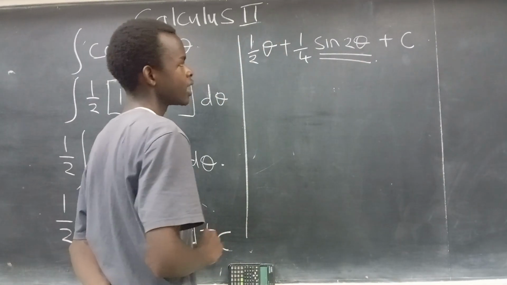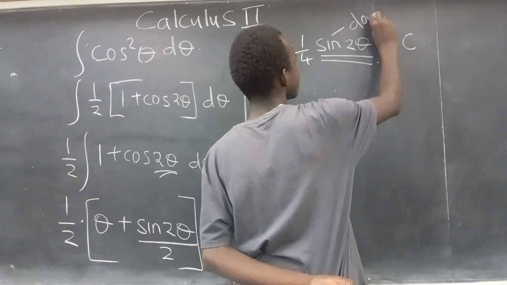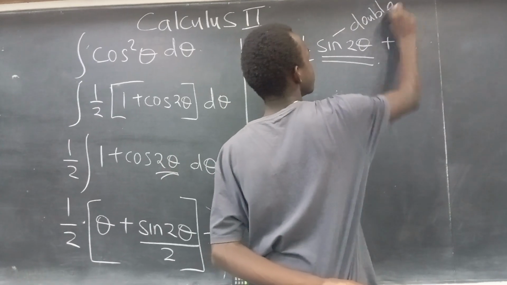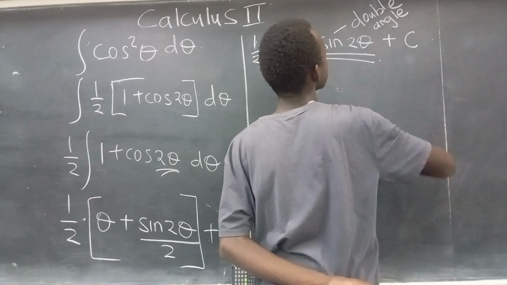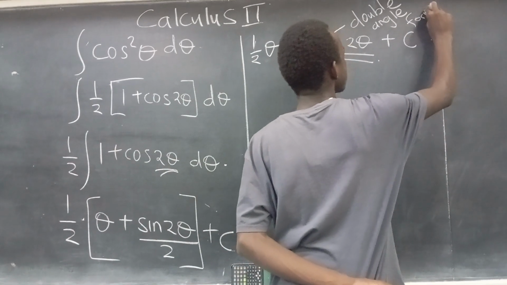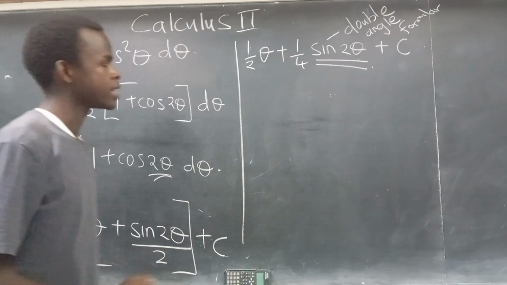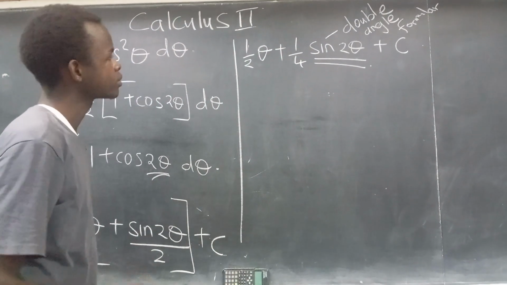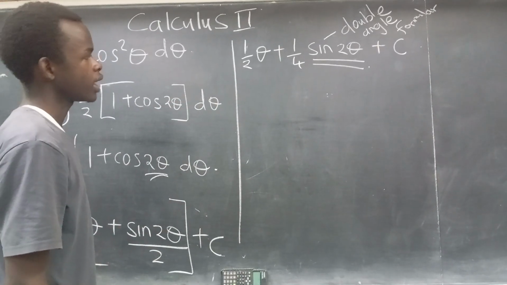As you can see, again here, this is a double angle formula. I made a video on the double angle formulas, so I'll replace that with the double angle formula for that.